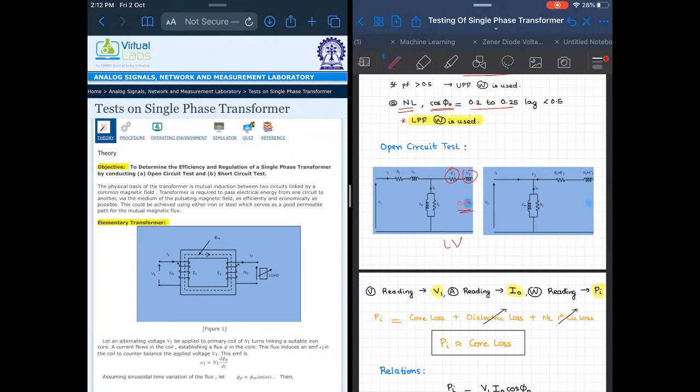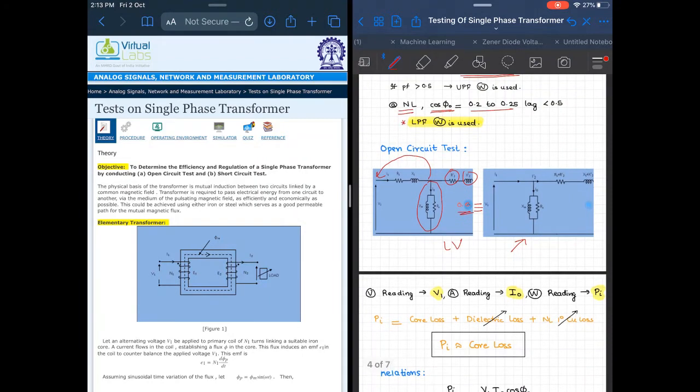Now if we approximate the circuit by moving this shunt branch from this point to the terminal voltage, we can form the approximate circuit representation of the transformer. This is the approximate circuit representation.